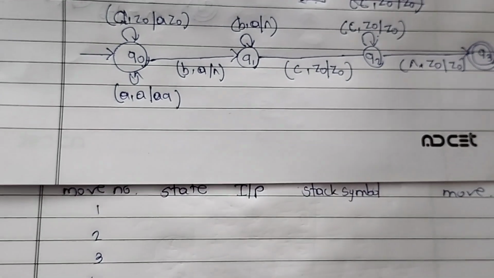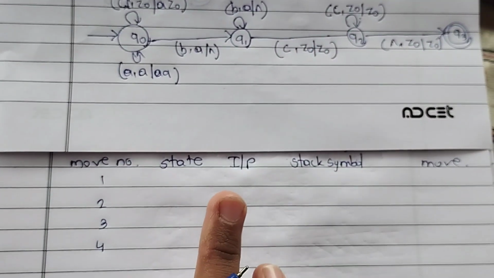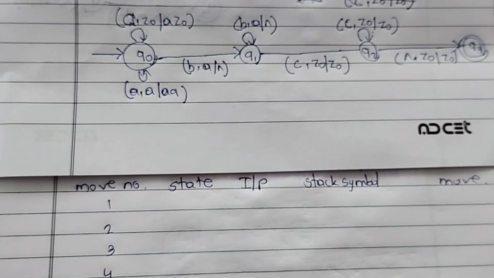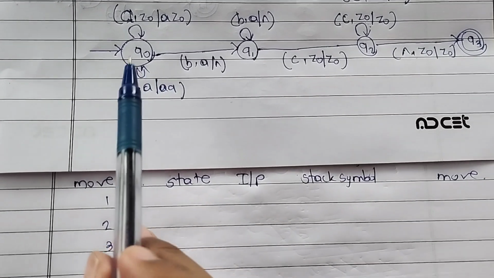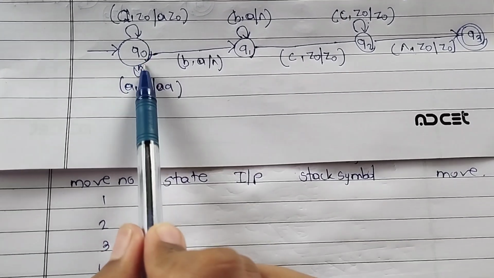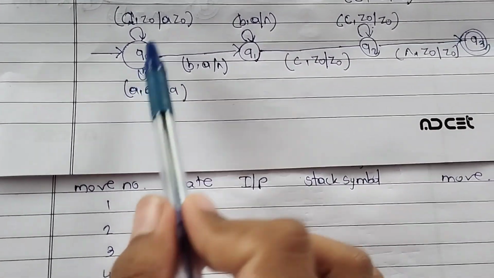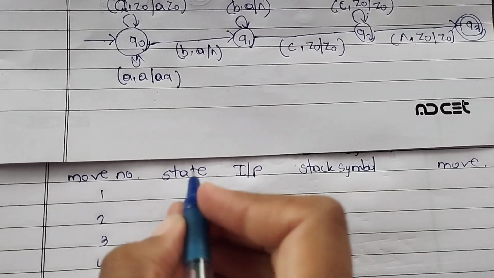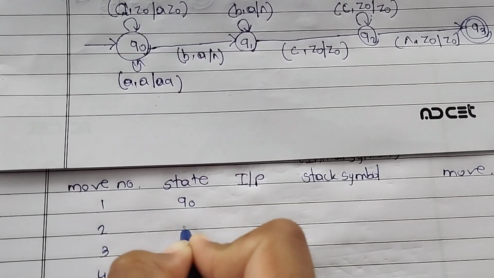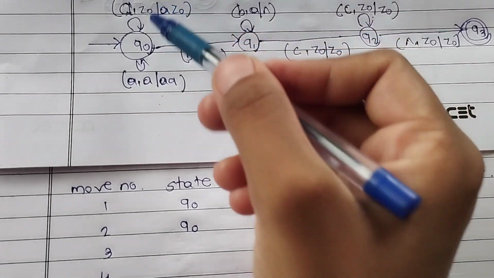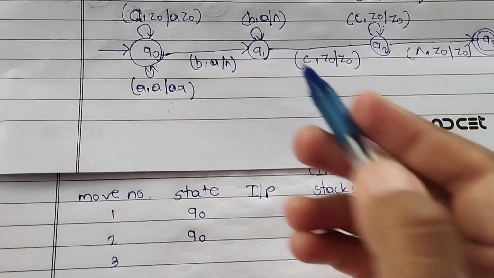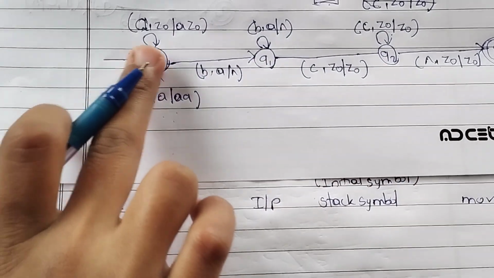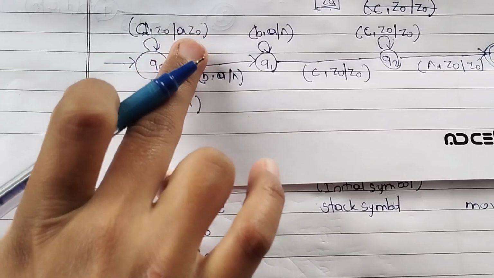First see the PDA. Which state do we consider first? We consider the initial state Q0. For that, how many transitions do we write? We write 2 transitions. So first we write Q0 two times, because 2 transitions are present for Q0. Now write the bracket as it is, A Z0.